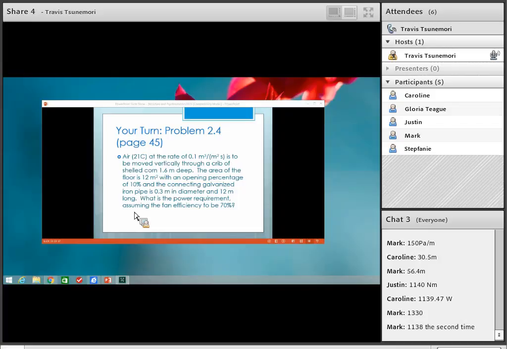We can use this information to determine how much water needs to be removed to dry the grain. Let's say we have 2,000 bushels of soybeans coming in from the field at 25% moisture on a wet basis. How much water must be removed to store the beans at 13.5% water?